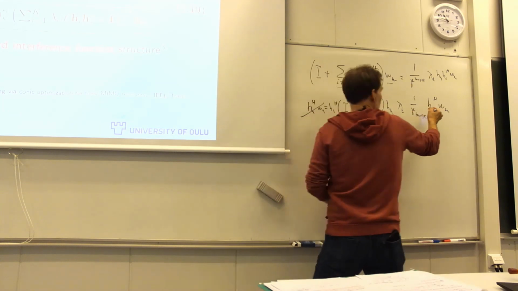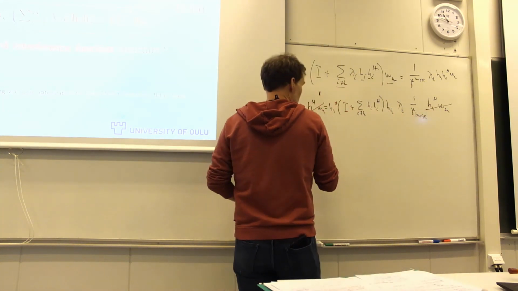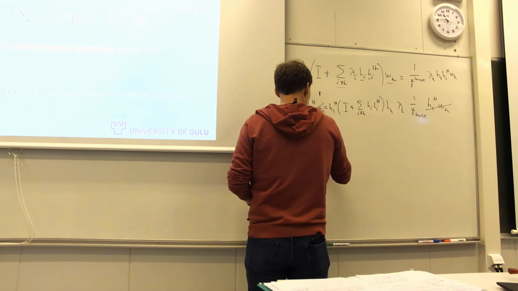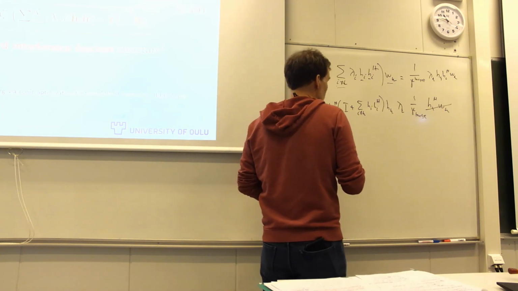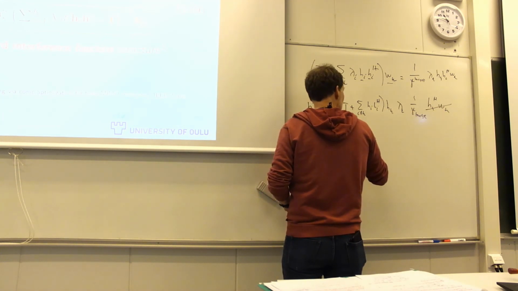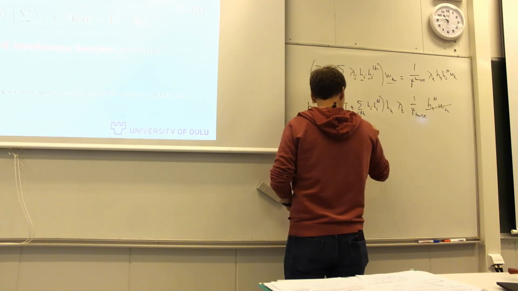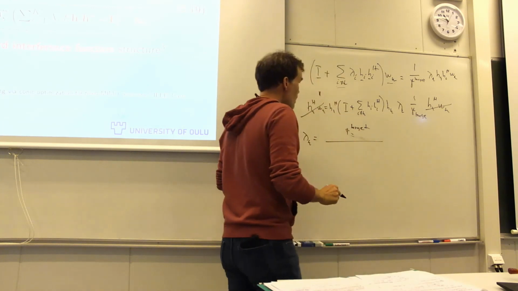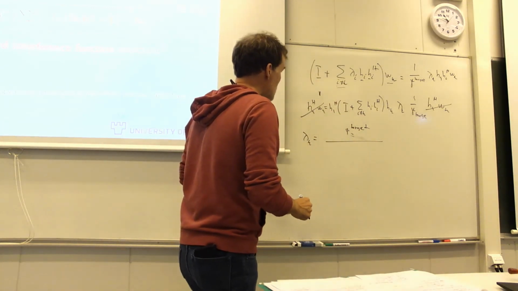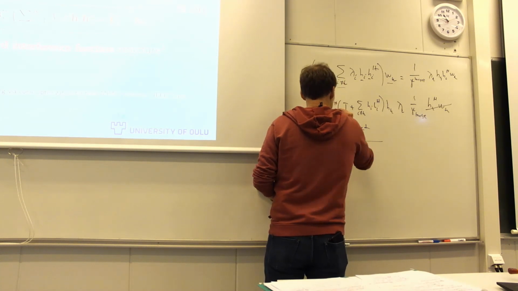Again, these cancel each other. We have 1 here. Now we get an expression: lambda_k is gamma target divided by h_k.